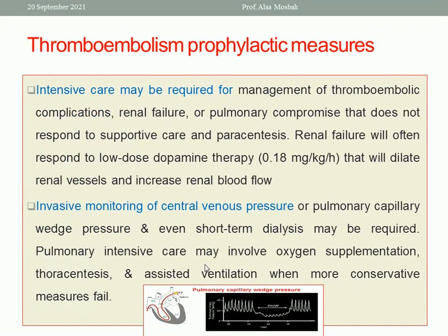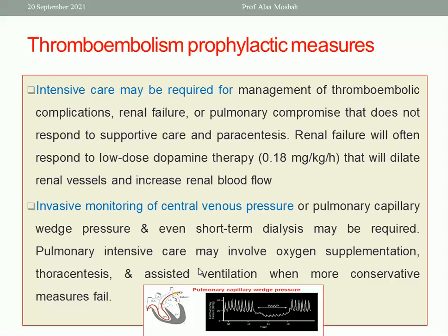Intensive care may be required for management of thromboembolism, renal failure, or pulmonary compromise that doesn't respond to supportive care and paracentesis. Renal failure will often respond to low dose dopamine therapy, 0.18 milligram per kilogram per hour, that will dilate renal vessels and increase renal blood flow.